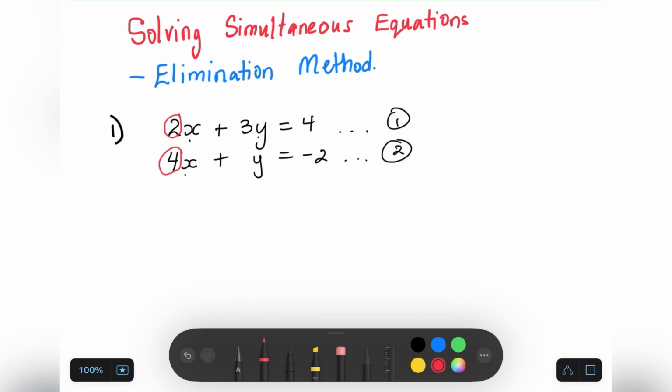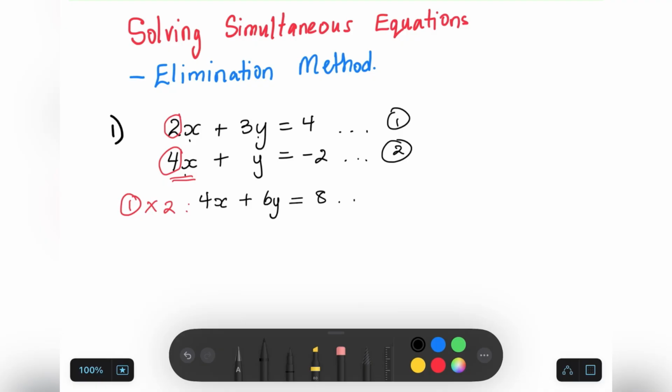Now, since in equation 2 I already have 4x, I need equation 1 to also have 4x. So what I will do is multiply that entire equation 1 by 2, since 2x times 2 gives me 4x. And then I will end up with 4x plus 3y times 2 is 6y, and then 4 times 2 is 8.